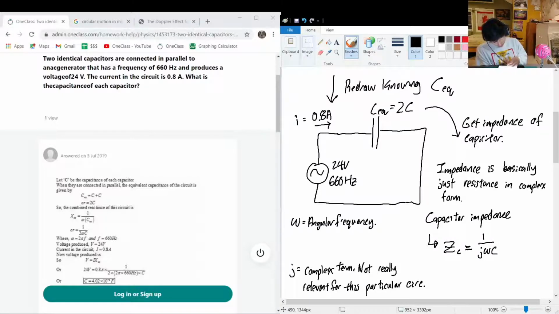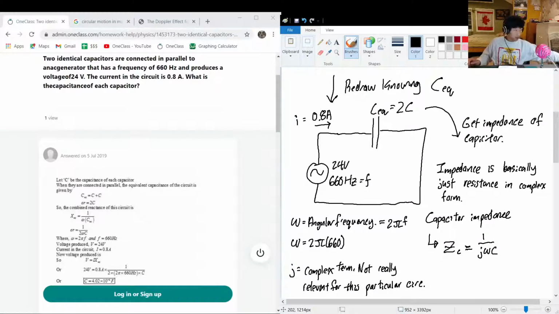Okay, so the angular frequency, we know that this is 2 pi times f, and f is equal to 660 hertz. So our omega term here is going to be 2 times pi times 660 hertz.